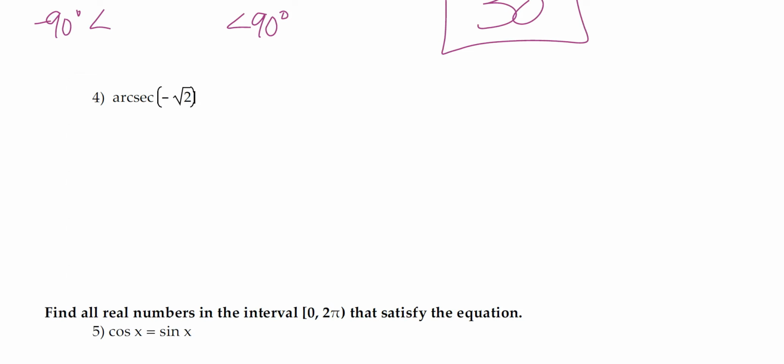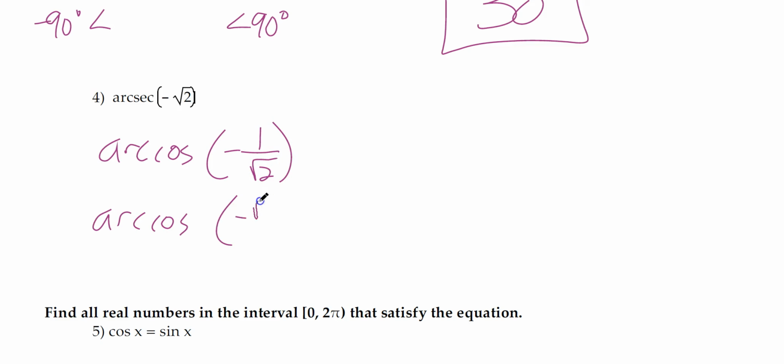Arc secant. Okay, we can change to arc cosine, which might be a little more recognizable, by flipping the inside. You can also write this as negative square root of 2 over 2. Now, where does arc cosine live? Arc cosine lives between 0 and 180 degrees.